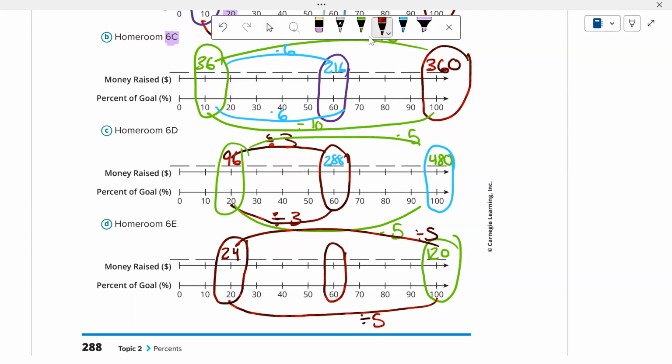So you're trying to get to 60. 20 times 3 is 60. So 24 times 3 will get you right. And that's going to be 72. So the answer is 72.